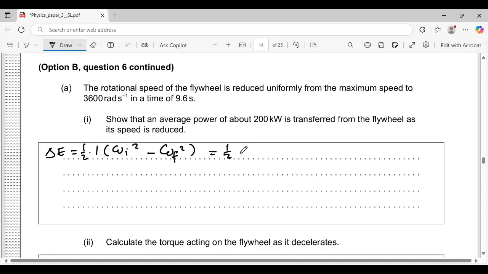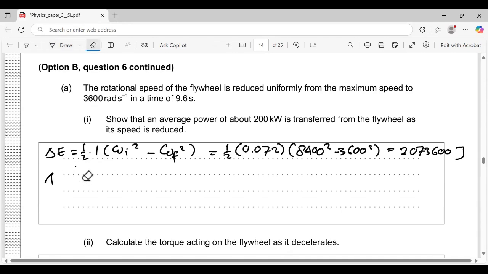It's going to be 1/2 times 0.072 times 8,400 squared minus 3,600 squared. If you calculate, the result is 2,073,600 joules.